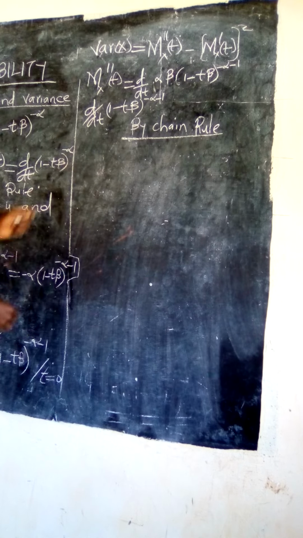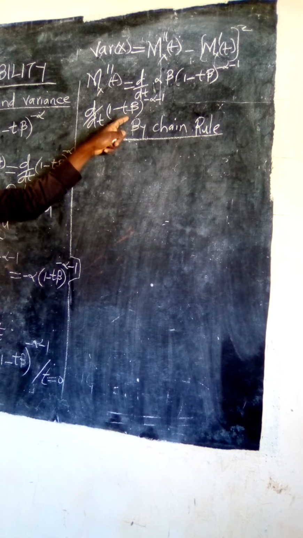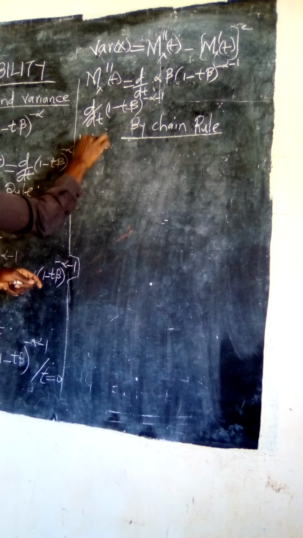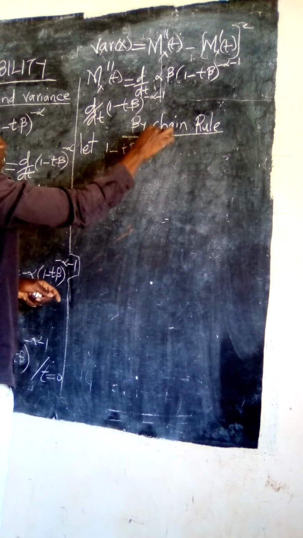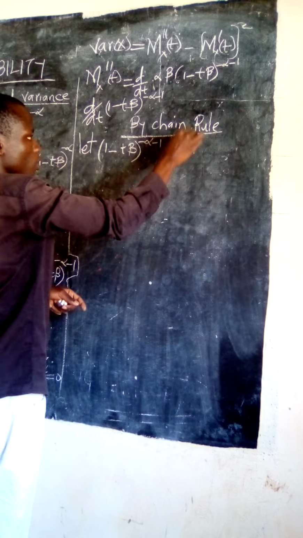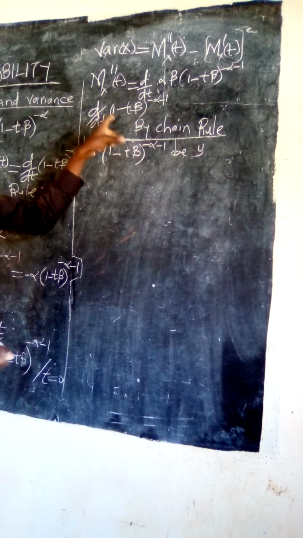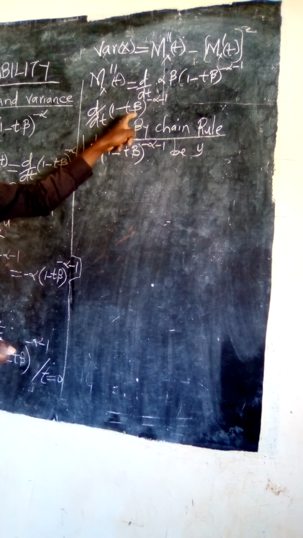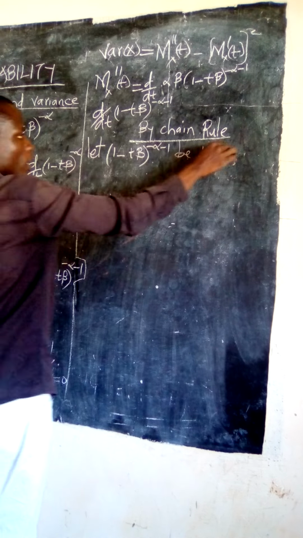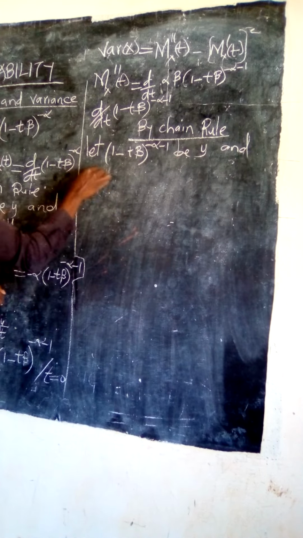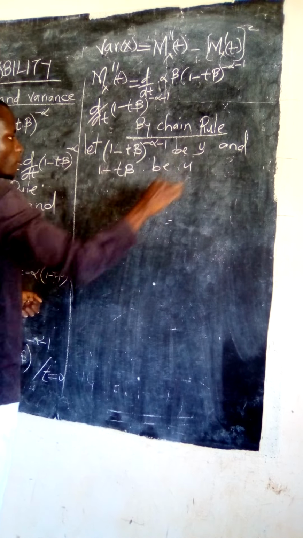it states that I need to let the whole of this function be some letter like y. So let me just say let the whole of that function, remember it is (1 - t^β) to the power negative alpha minus 1, be y. Now after letting it be y, the whole of the function, let us let the content within the bracket be u, so that 1 - t^β be u.